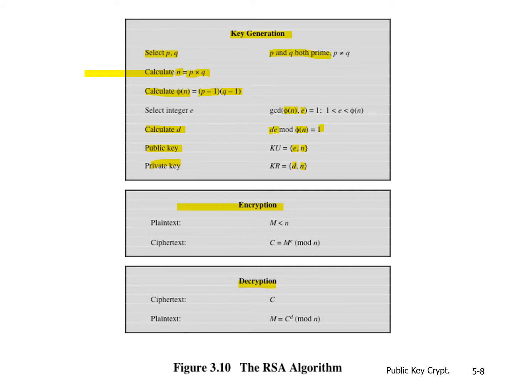When encrypting plain text M, ciphertext C is M power E mod N. Mod calculation means divide by N, and ciphertext is the resultant remainder.